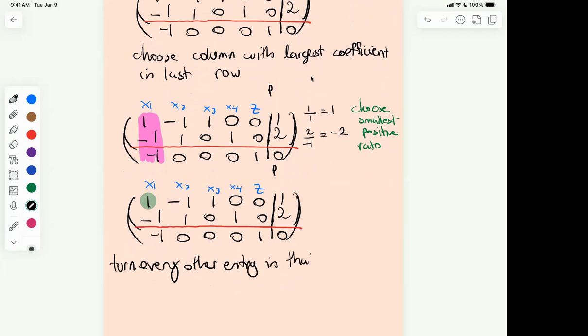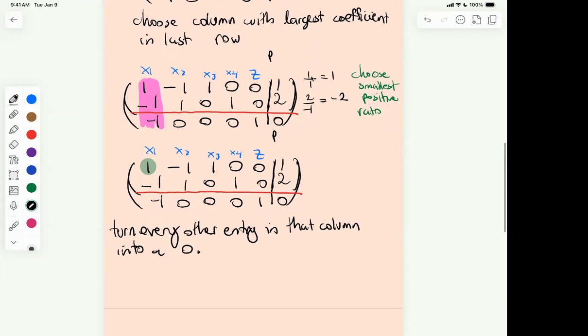Okay, so how do you do that? You do row operations. So what are the row operations in this case? It would be row one plus row two into row two, and I'll also do row one plus row three into row three.